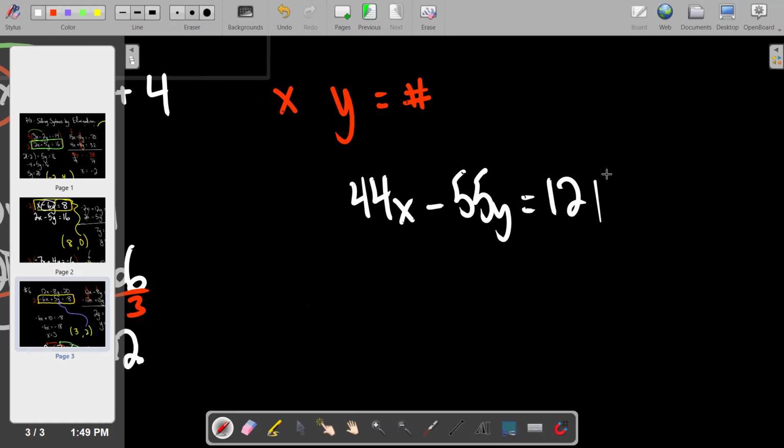But then after about 1.3 seconds of belly aching, you'd go, oh, those can all be divided by 11, right? So what is 44 divided by 11? 4, minus 5, equals, see that? It's no different than what we've been doing since August. You can divide both sides of an equation by anything that you want whenever you want, provided that it's an equation and not something that we're graphing. Okay?